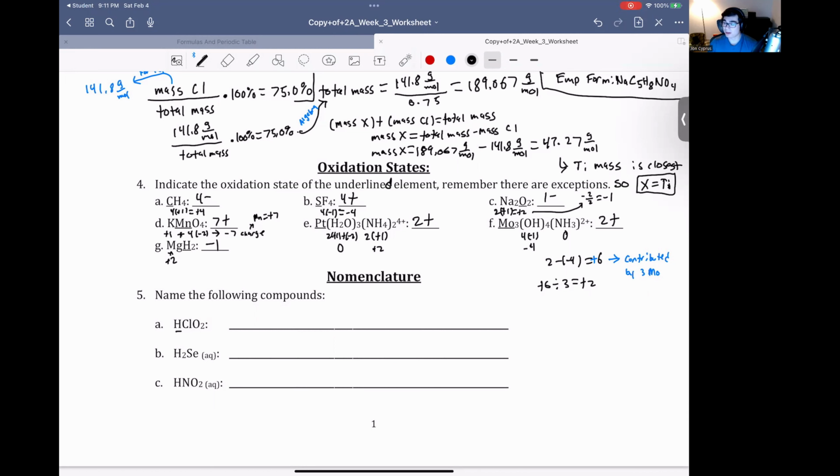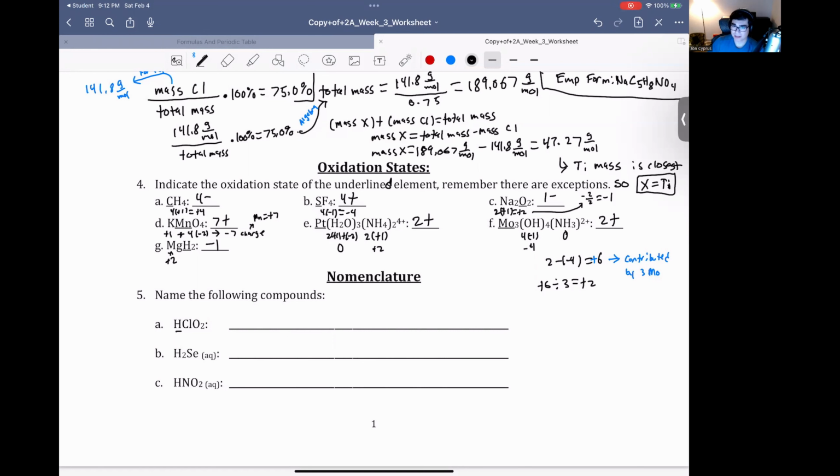ClO4, when it goes past that middle, biggest one, you have to put a per in the beginning. So perchlorate is ClO4, chlorate is ClO3, chlorite is ClO2. Then if you go one oxygen less than chlorite, it's going to be ClO, which is hypochlorite. You're going to have that hypo in the beginning.